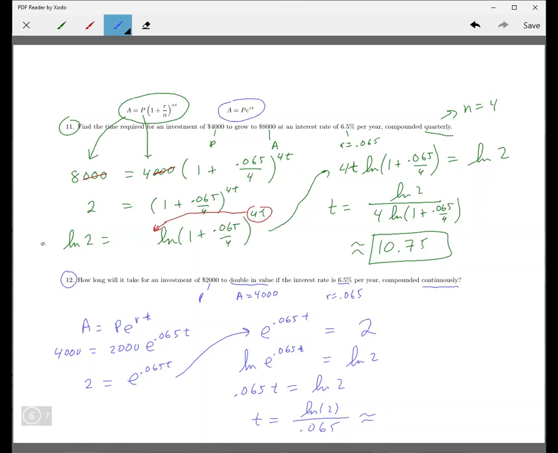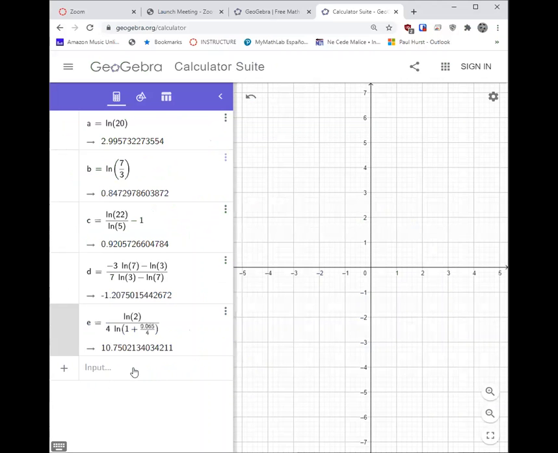Okay, so let's use GeoGebra to figure out what that is. So log 2 divided by 0.065, and it's 10.66 years, 10.66.